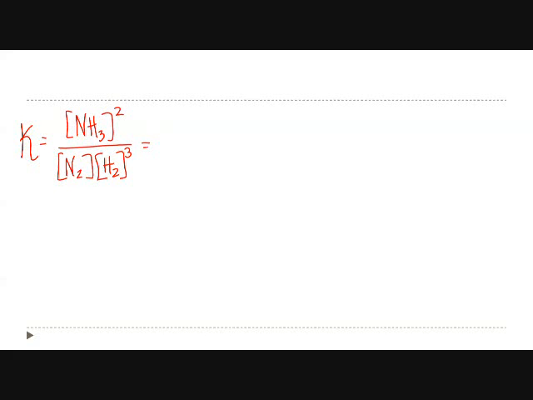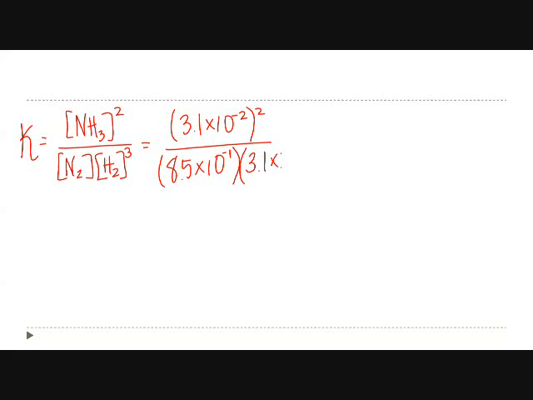So we have 3.1 times 10 to the negative 2, squared, over 8.5 times 10 to the negative 1 times 3.1 times 10 to the negative 3, cubed. When solving, be very careful with your exponents and scientific notation.